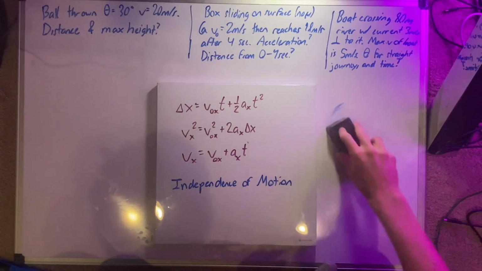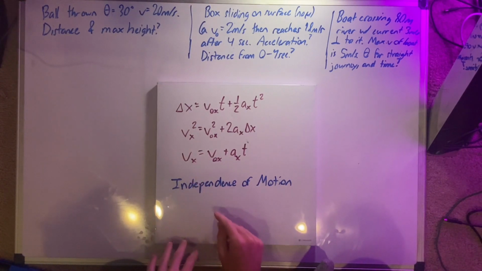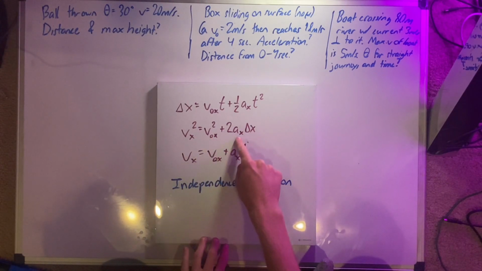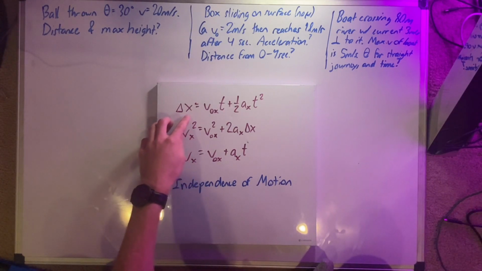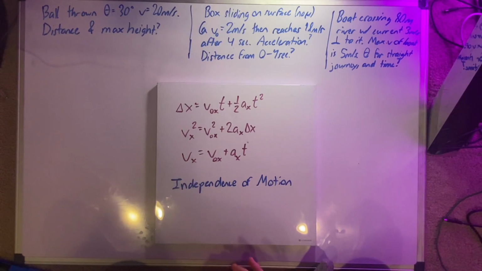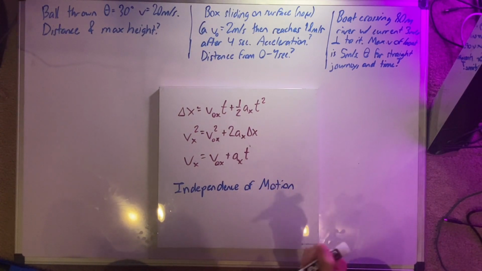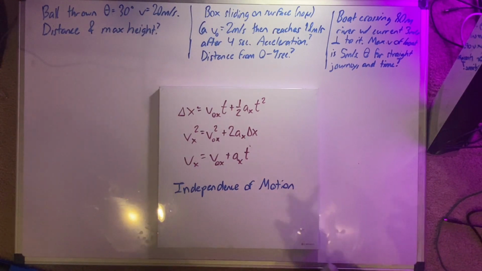Hence why all of these equations have four things that matter in direction, x is by them. So you have velocity x naught, and then acceleration x, and then also distance in the x, meaning that if we have an acceleration in the y direction, like gravity, it won't affect things in the x direction, which is very important for projectile motion, which I'm about to show you.